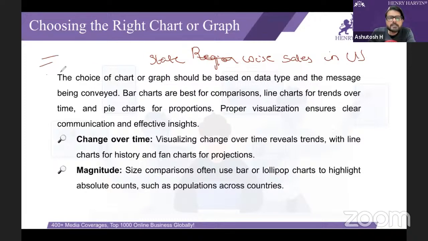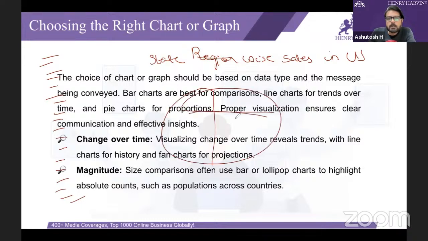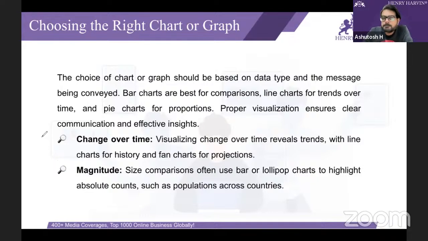Imagine how many states there are in the US, too many, and you come up with a pie chart. You can assume how clumsy it will be, too much populated. You won't be able to get the insights from it. So the choice of the chart should be based on the data type and the message we are trying to convey.